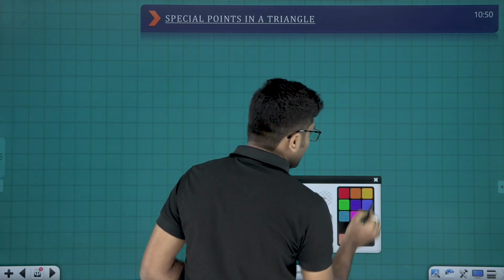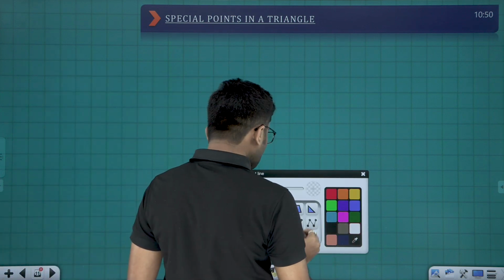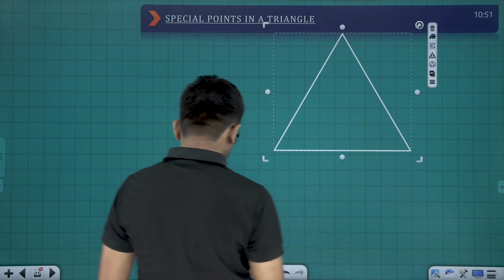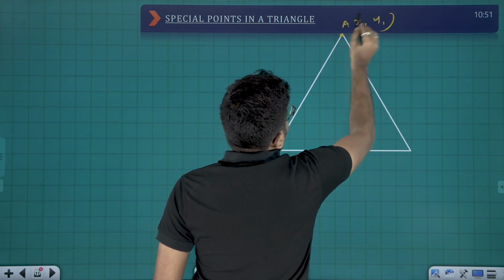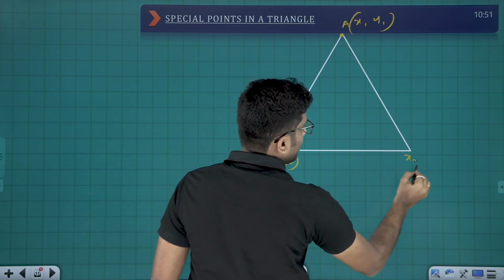Next, special points in a triangle. Coming to special points in a triangle, if there is a triangle ABC with vertices x1 comma y1, x2 comma y2, x3 comma y3.